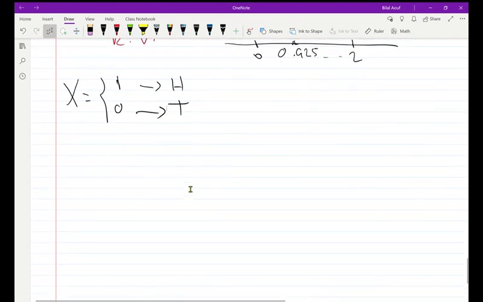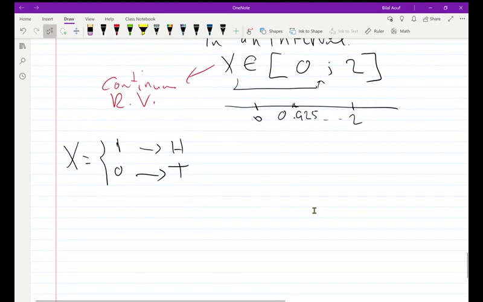So what I need for a continuous random variable in order to continue with the probability calculation of all this, and also the parameters that I have to calculate, like for example the mean, the variance, and deviation.